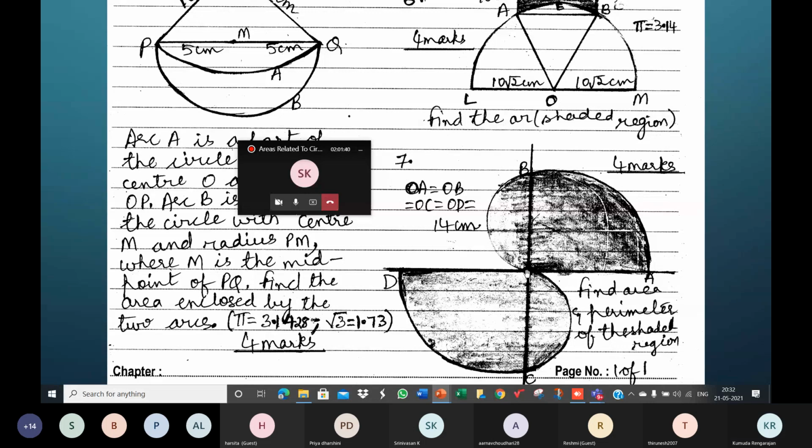You understand? If you're mentioning the semicircle, just mention the diameter. Yes, tell me. Perimeter of semicircle with diameter OB is equal to 44 centimeters. No, we'll come to the values later. I just want to know what the sum is that makes the perimeter. So the length of the semicircle with OB as diameter, plus the length of the arc in the quadrant with OA as radius.